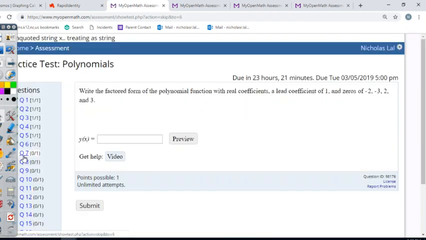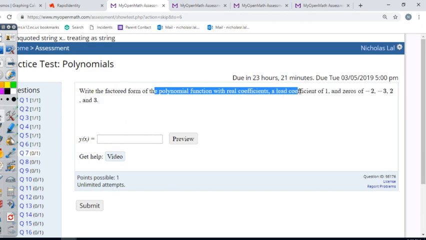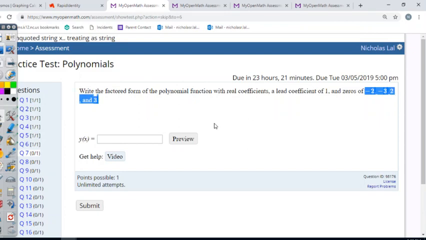Question 7. Write the factored form of the polynomial with lead coefficient 1 and zeros of negative 2, negative 3, 2, and 3. A leading coefficient of 1 means that we don't alter our leading coefficient; we keep it as simple as possible.